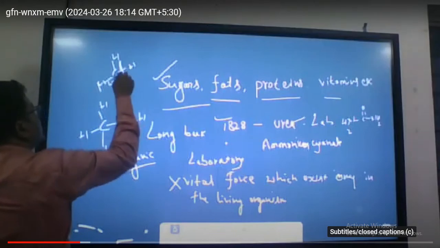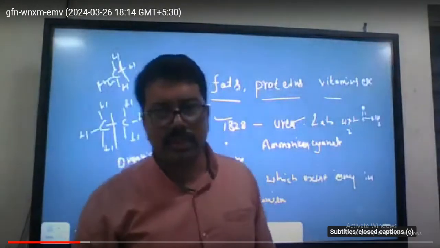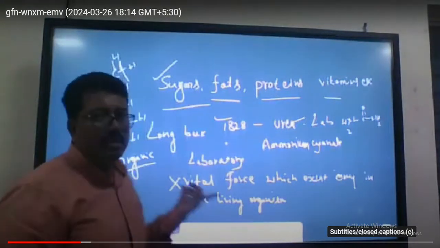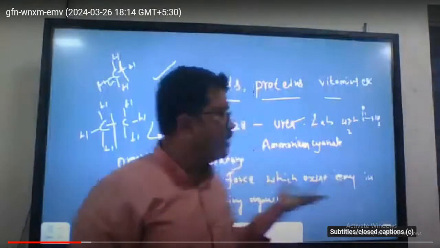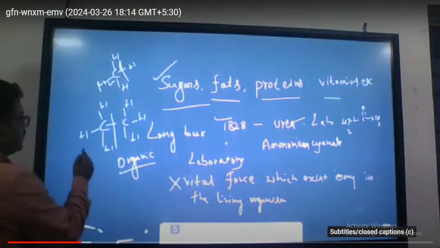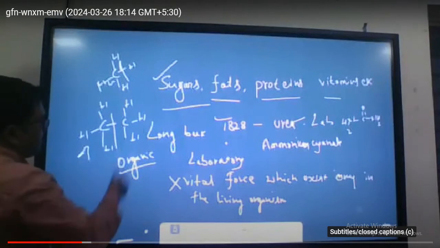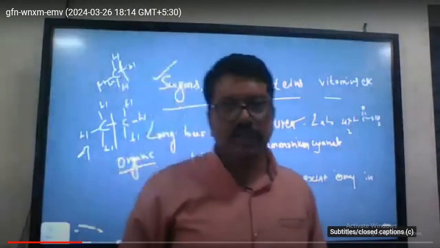What types of bonds are present here? What is the structure of the organic compound, and what are the physical and chemical properties? These are the basic things we need to understand.